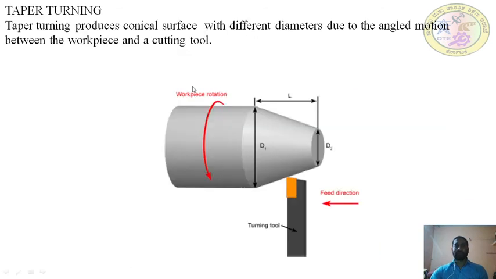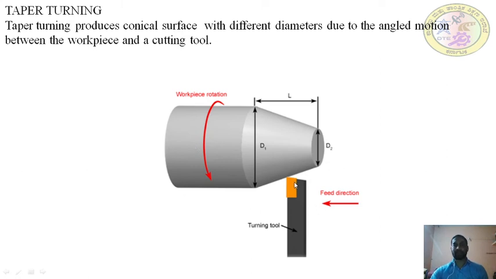Taper turning is the process of producing a conical surface on the workpiece by moving the tool in an angular direction. In general turning, we move the tool along the length of the workpiece, parallel to the axis of rotation. But in taper turning, we move the tool at an angle to the axis of rotation of the workpiece.